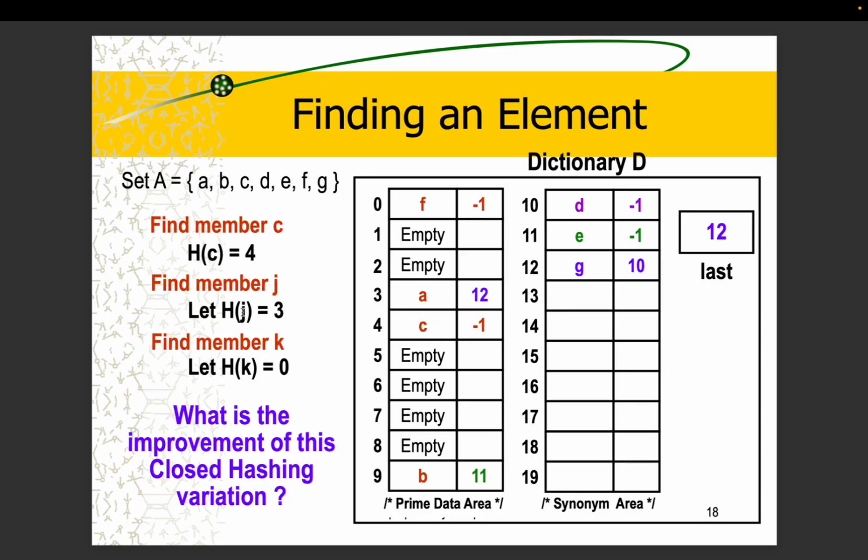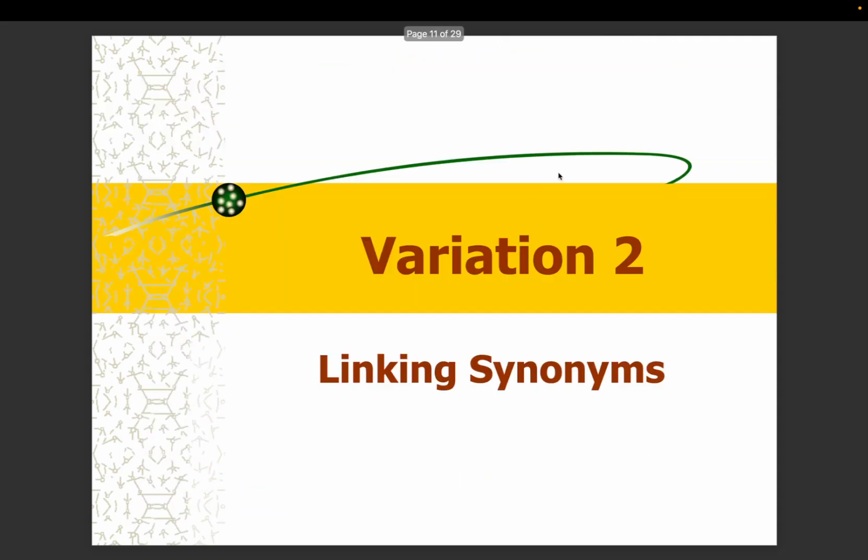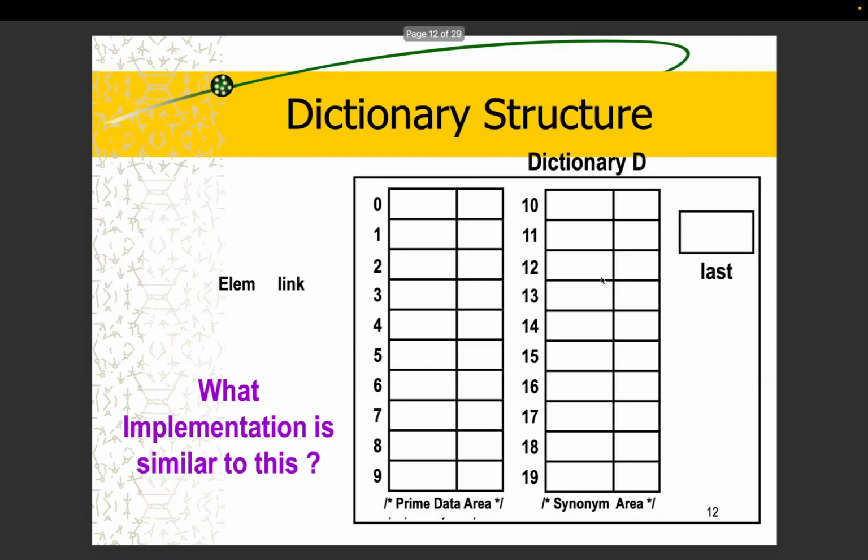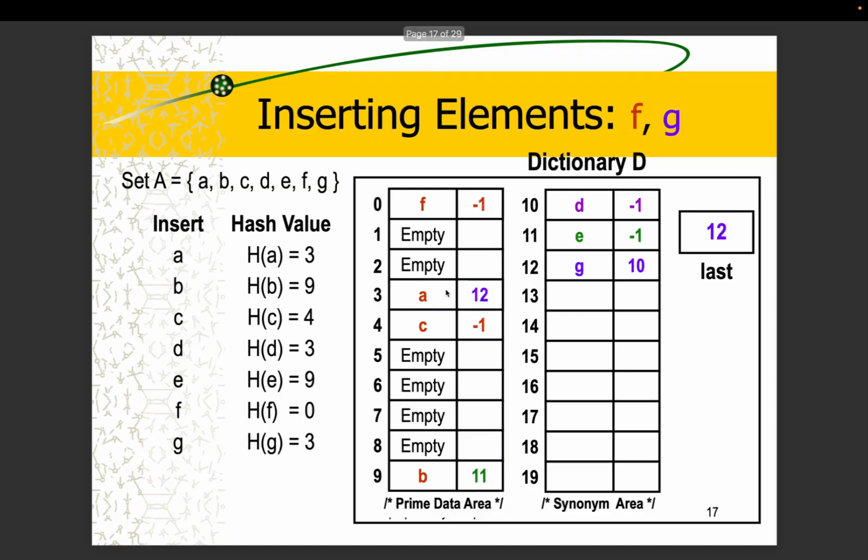Now let's find J. J equal to 3, so I start at index 3, which is A. A points to index 12, which is G. G points to index 10, which is D. And D points to negative 1, which is end of list. So, J was not found. And unlike version 1, wherein we had to search all of the elements, we only had to search the links between these 3 elements.